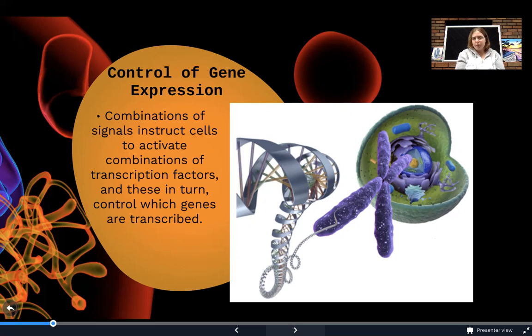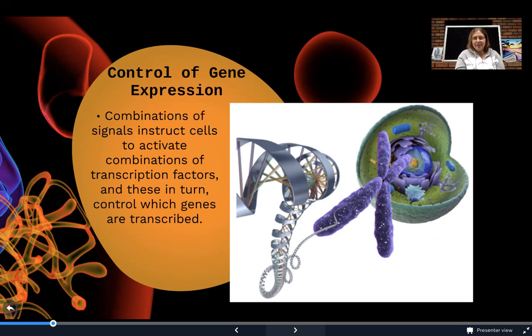There are multiple transcription factors, and the combination of transcription factors will affect which gene gets transcribed, because remember, most of your DNA actually isn't encoding for proteins. Only about 1.5 to 2% encodes for protein. So different combinations of transcription factors are going to look at the DNA and transcribe and process portions of it in order to get particular proteins.